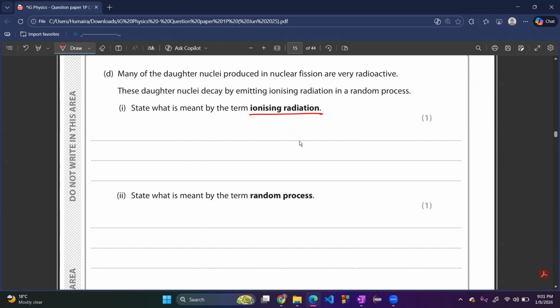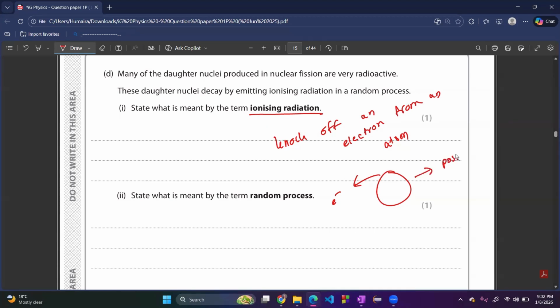So ionizing radiation is a type of radiation where you knock off an electron from an atom. So if you have an atom and you knock off an electron from there, this particular atom is losing an electron, right? Once an atom loses an electron, it becomes a positive ion. This formation of positive ion is known as ionizing radiation.